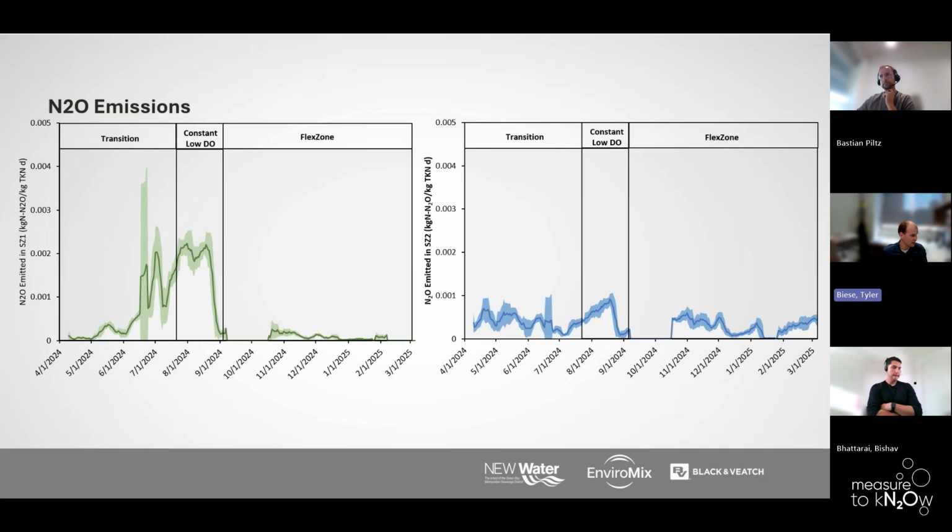And then we began to step down the DO, and that possibly caused spikes in the N2O, especially in the front of the basin, possibly due to shifts in ecology and a little bit of an upset there. But as you can see, as we got into flex zone, it stabilized and went pretty low again, possibly due to acclimation of the low DO ecology in the system.